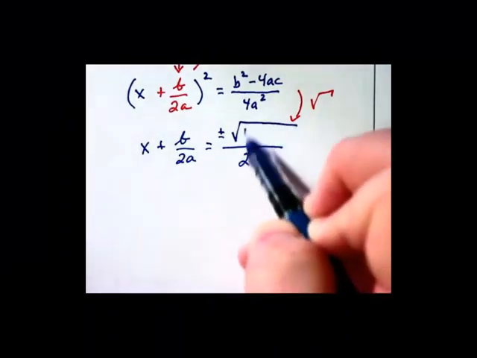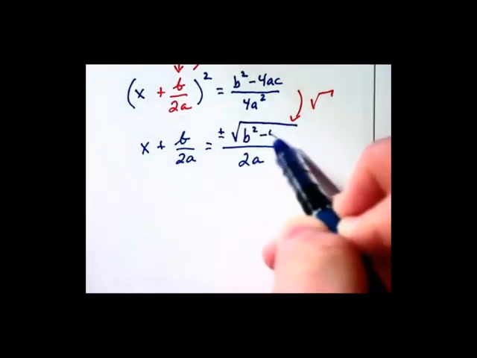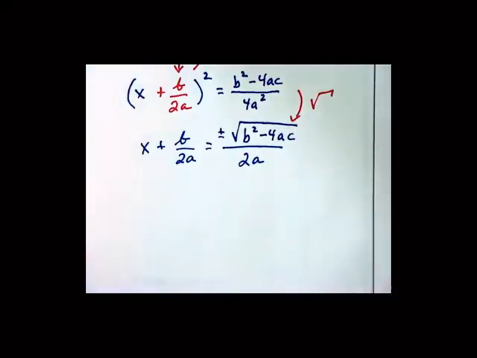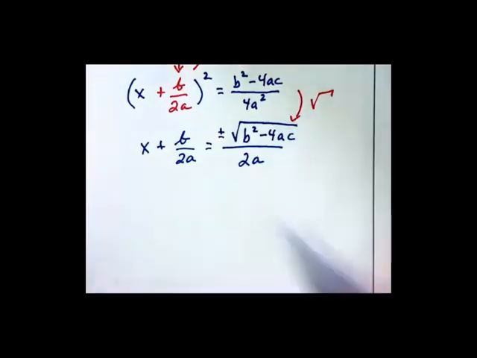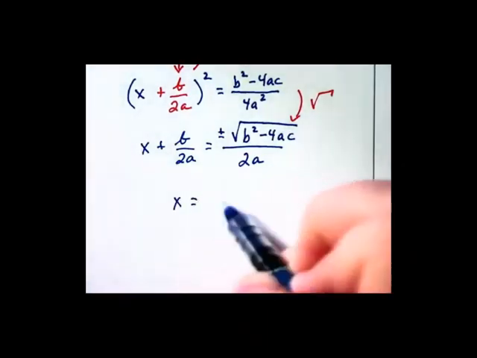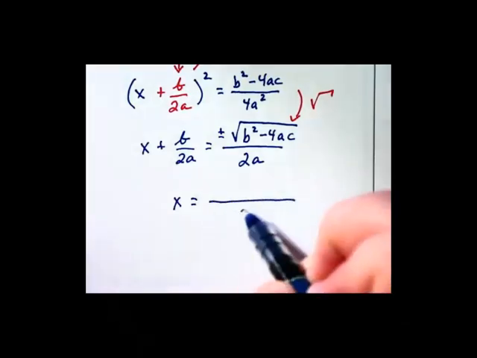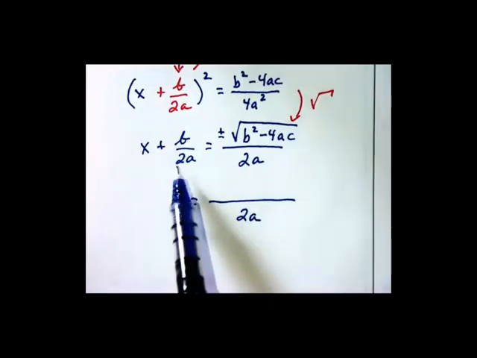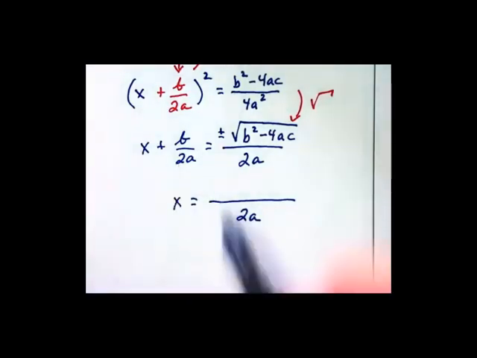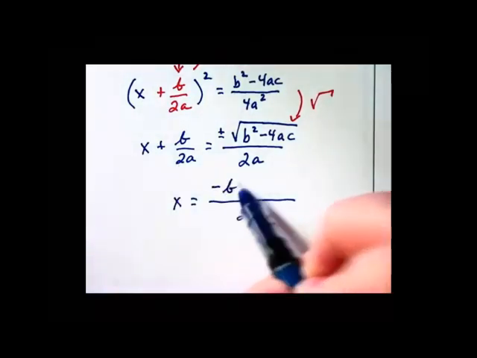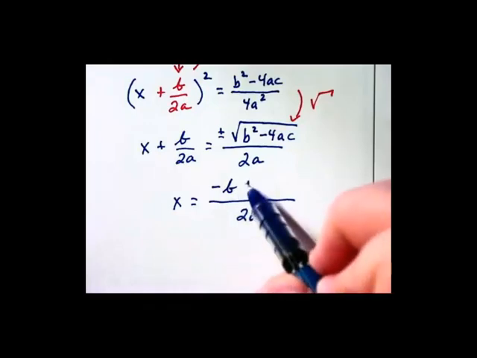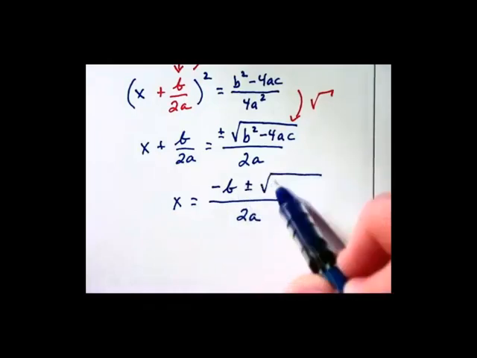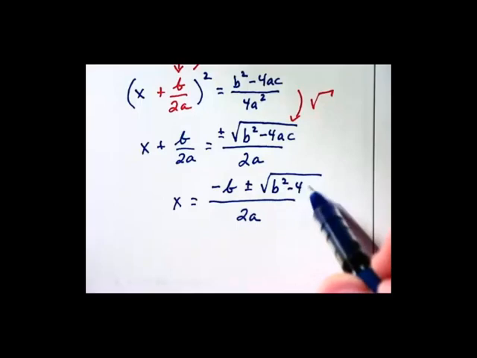So we have plus or minus the square root of b squared minus 4ac. And then we've got that common denominator of 2a, so I'm going to rewrite this on the right all over 2a. I'm subtracting off the b over 2a from both sides, so that makes this a negative b on the left, plus or minus the square root of b squared minus 4ac on the right.